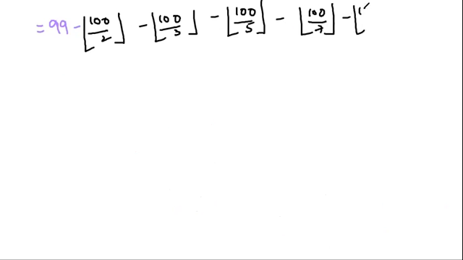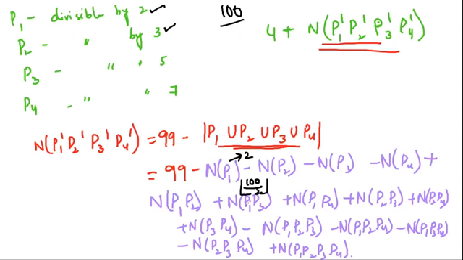Minus 100 by 2 into 3. Actually, we will have it over here. The symbol is plus. So we will have plus over here. Plus 100 by 2 into 3. Then the next thing was P1, P3. Divisibility by 2 and 5.